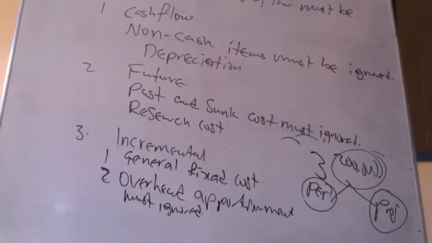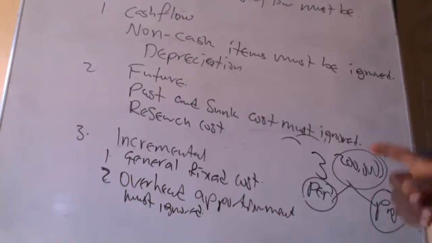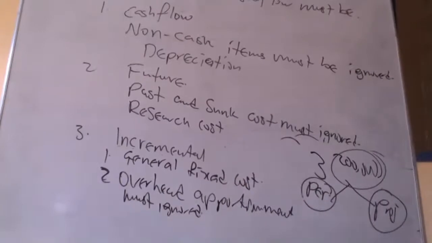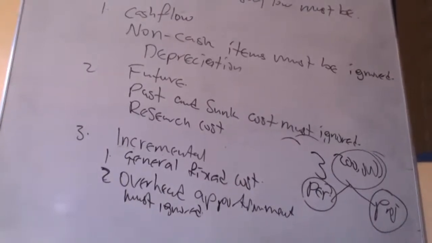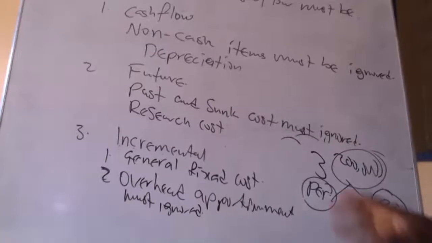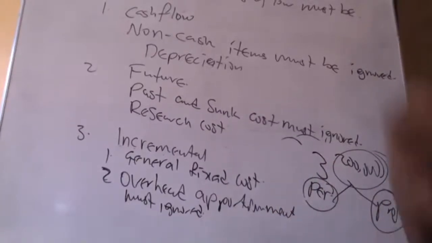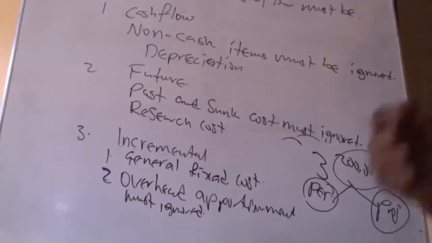Now, the fixed cost that we want is incremental fixed cost. It is the one that will be incurred, not already incurred. So the only fixed cost that we want is the extra fixed cost they will incur, the incremental fixed cost.